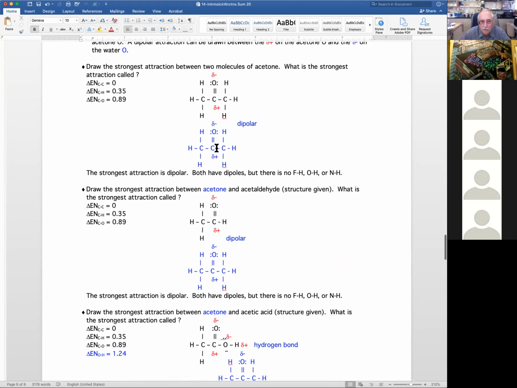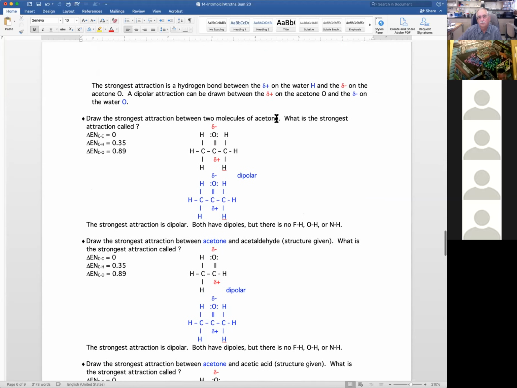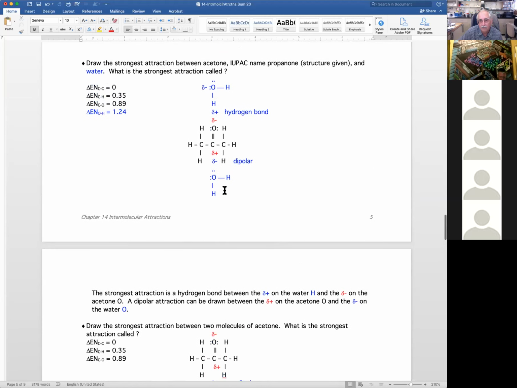So here's the one polar bond here and the one polar bond here. I align them up to be opposite charges. Here's the O. Do I have an FH, OH, or NH over here? No, I don't. So that's simply a dipolar attraction. So notice that the attractions between acetone molecules themselves are weaker than that between acetone and water.